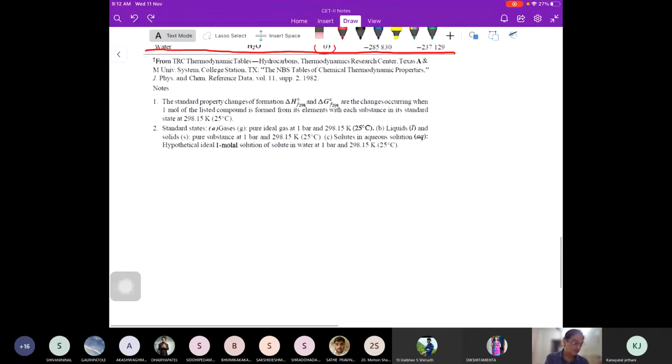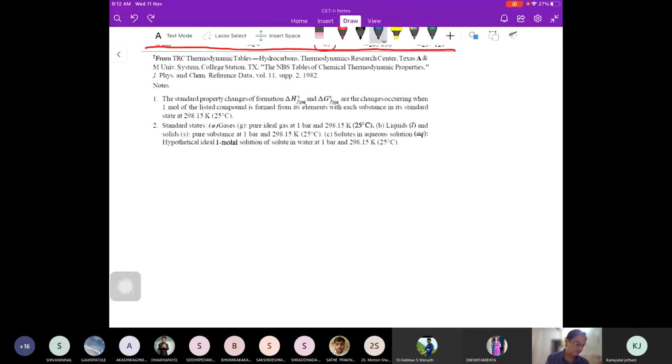Right. So what is the heat of reaction at 298? What is the formula for finding heat of reaction at 298? Product minus reactant.